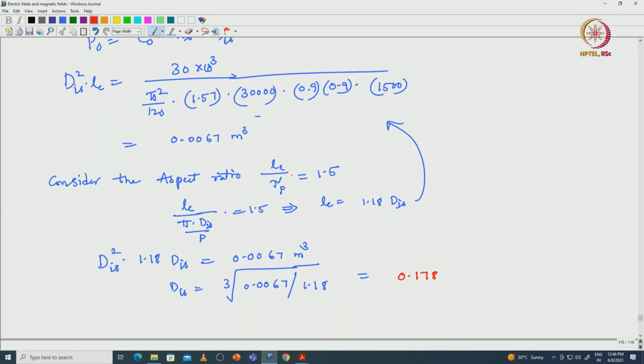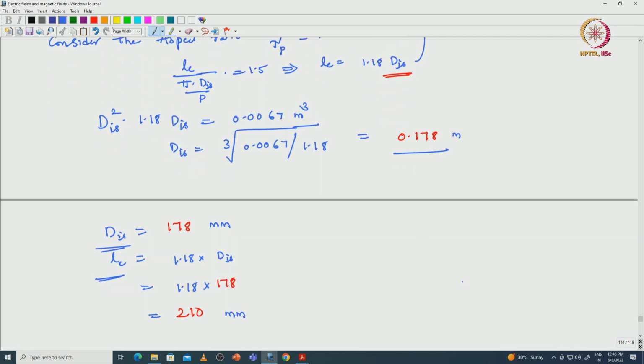Here we substitute the L value in terms of DIS in the volume product equation, then DIS equals cube root of 0.0067 by 1.18, which will give 0.178 meter.